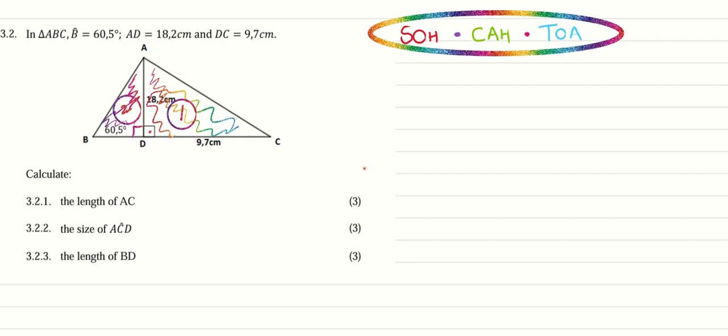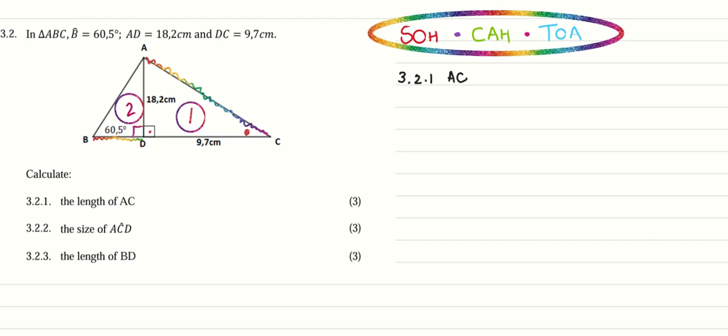Okay, so now the questions read: calculate the length of AC, which is this guy over here, then calculate the size of angle ACD, which is down here, and then finally the length of BD. Okay, AC. AC is in rat number 1, and AC is also the hypotenuse of rat number 1.